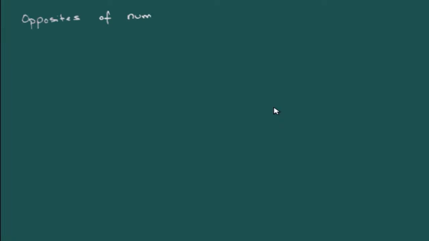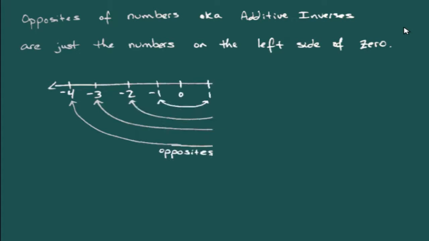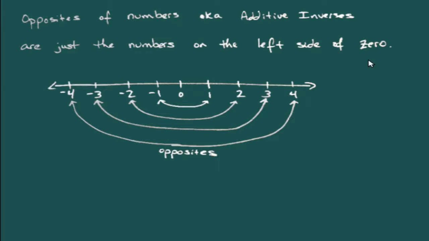And so how we really think of numbers is that we have numbers and we have the opposite of numbers. And the opposites of the numbers are really called additive inverses. Now, what those things are, they're just the numbers that are on the left side of 0.